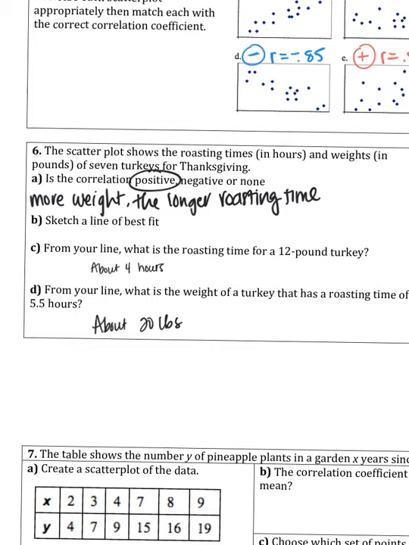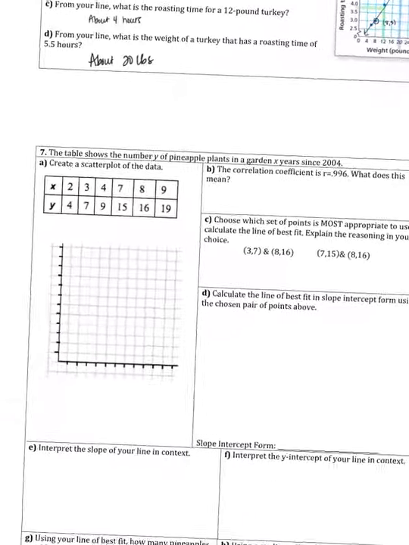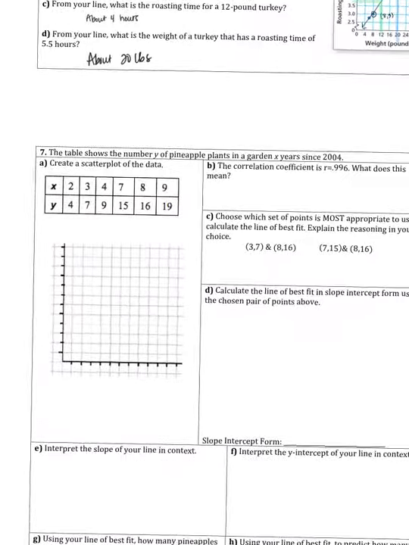All right, moving on. So question 7. The table shows a scatter plot of Y pineapple plants in a garden X years since 2004. Create a scatter plot of the data. All right, so right now I'm going to give you the opportunity to pause this video, label your x-axis, label your y-axis appropriately, and plot your data points.